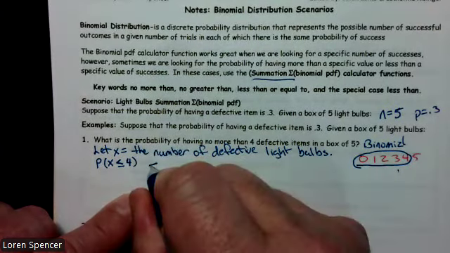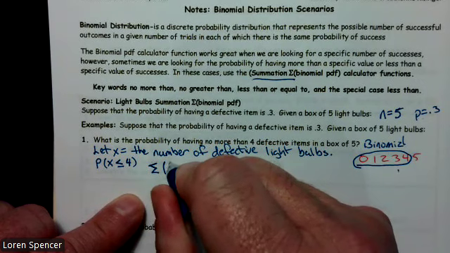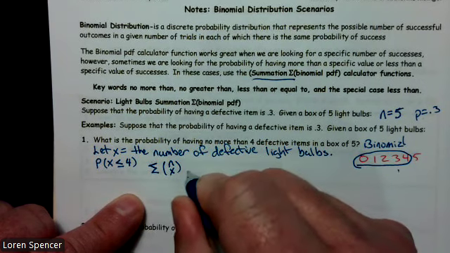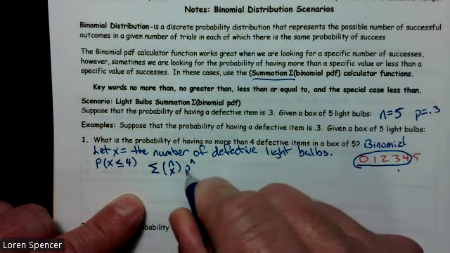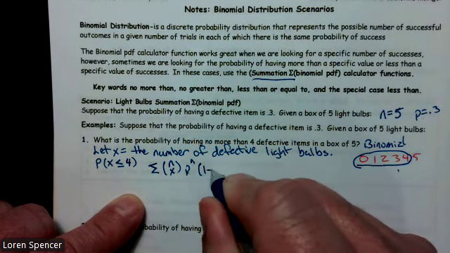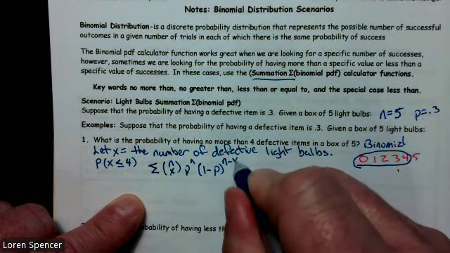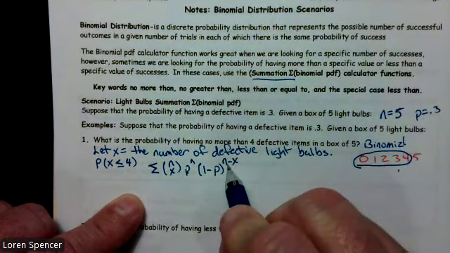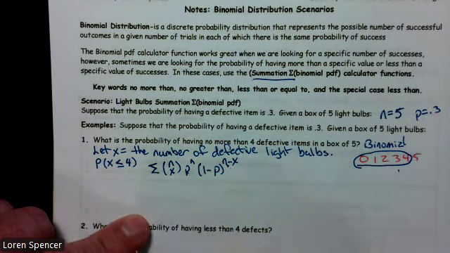On the calculator, that requires a little bit of work, but here all we're doing is adding the summation. P raised to the X is the probability of success. 1 minus P is the probability of failure. And this is N minus X, the number of failures. Everything's been the same except for the summation sign.